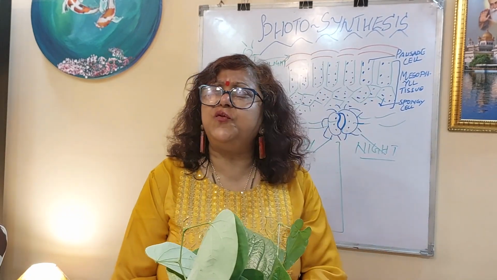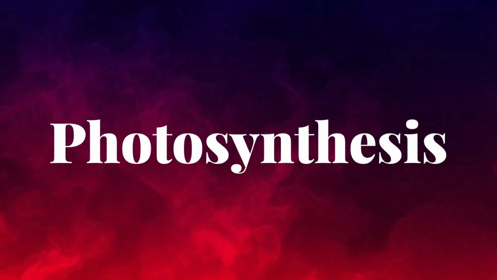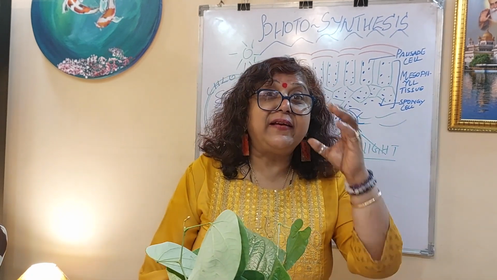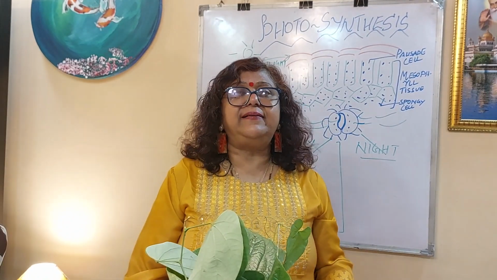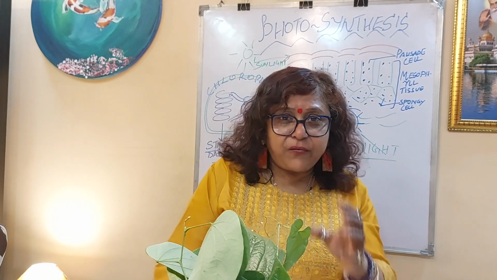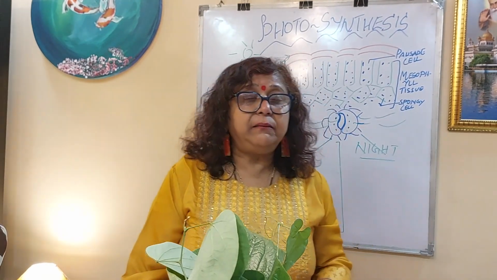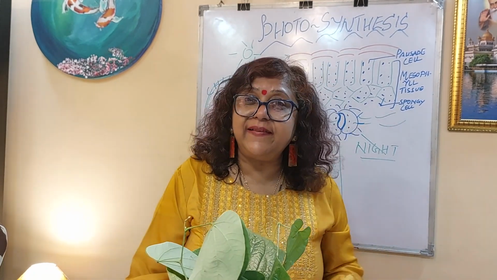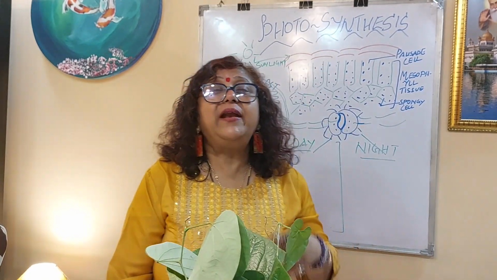The main points which you will cover in this lesson are: what is photosynthesis, where it takes place in the plant, what tissue has so many characteristic features which make it the best site of photosynthesis, what are the factors which control photosynthesis, the internal factors and the external factors, then what are the two stages of photosynthesis, and what are the products formed and where are they used.